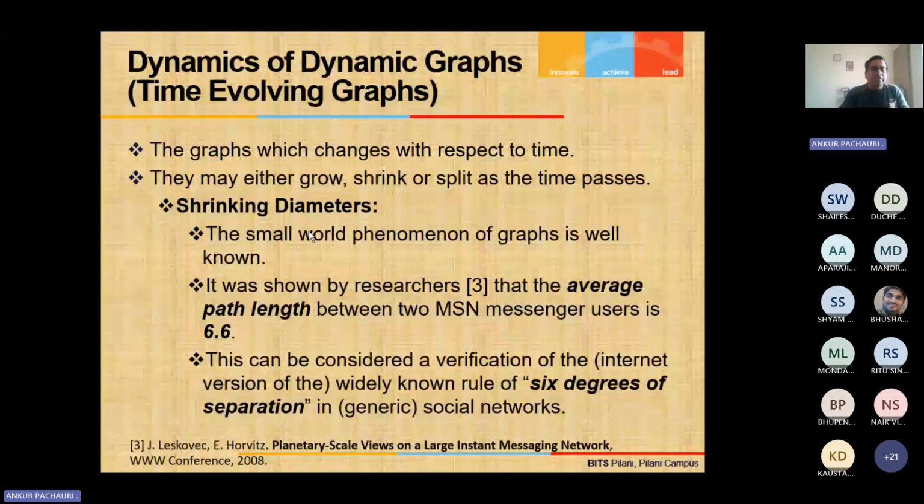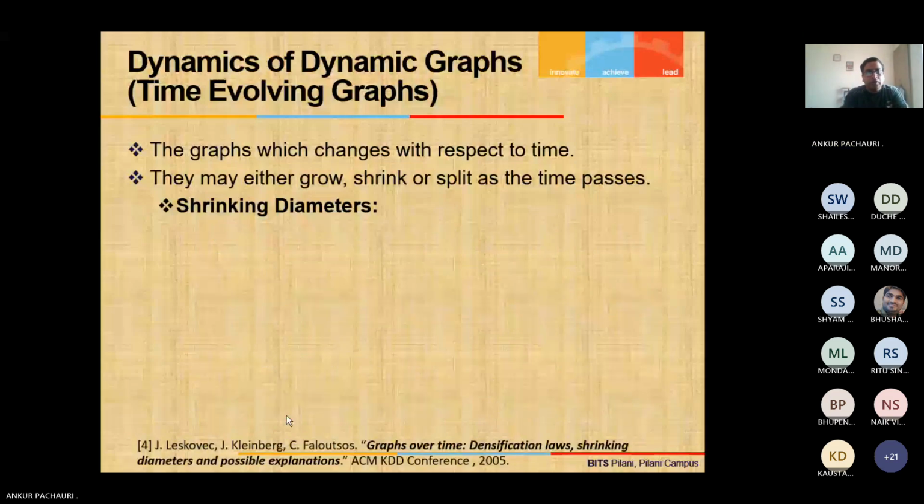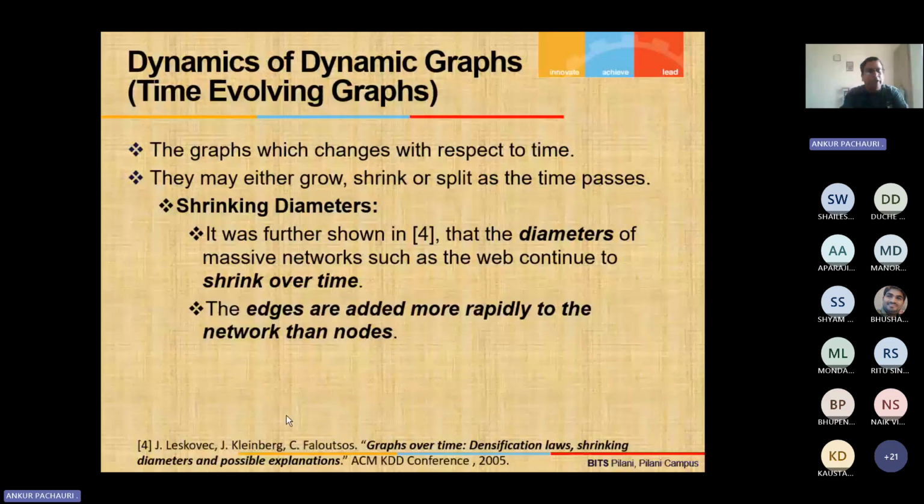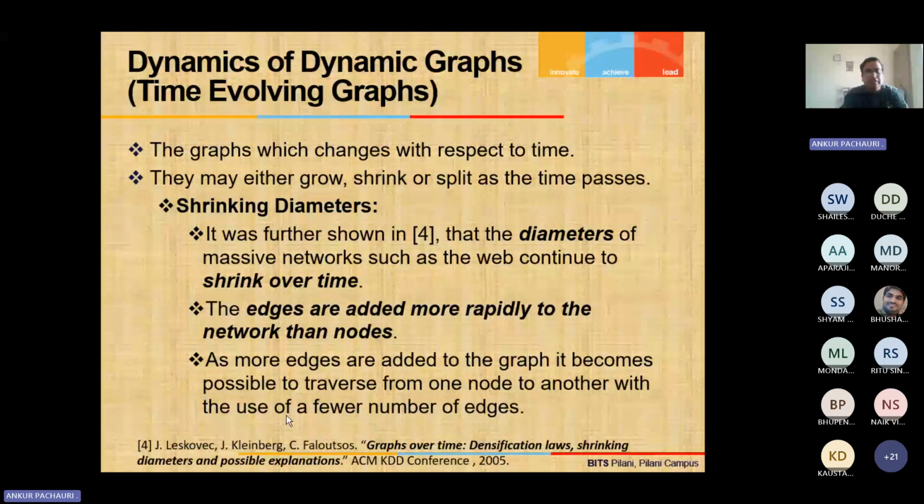That is why a general term was coined around 2006 to 2008, which they call six degrees of separation. So the diameter shrinks over time. Edges are added more rapidly to the network than nodes. As more edges are added to the graph, it becomes possible to traverse from one node to another with fewer edges. That is why the diameter will be less.